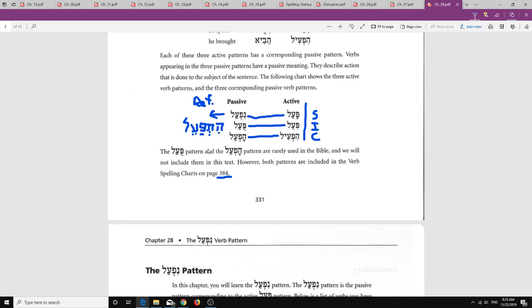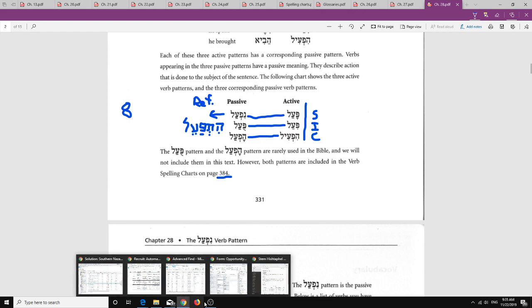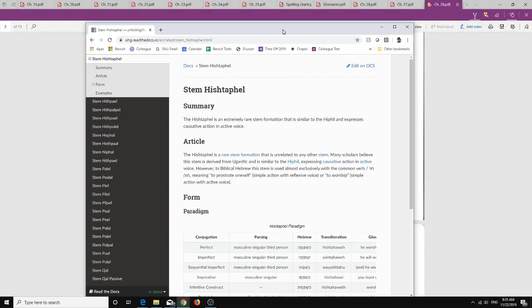Okay, so these are the 7 main verb stems. Now there is one extra one, an 8th one, that is rarely used, and it is actually only used with one word, and that word is, I think I actually have it pulled up right here.